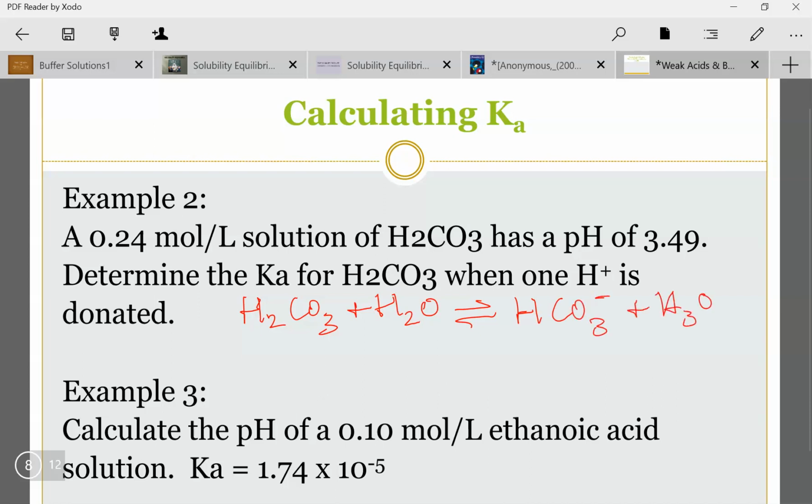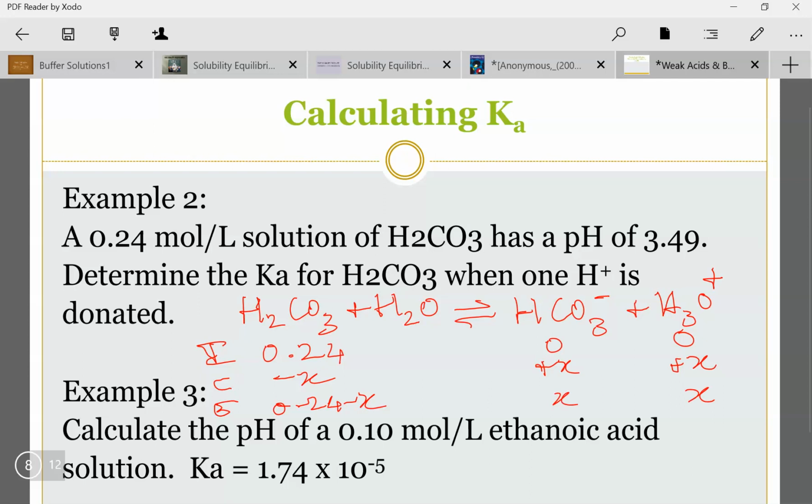They're very easy to improvise for weak acids and weak bases. They always look the same. I start with some initial concentration here. I have 0, 0. My change is going to be minus x, plus x, plus x, giving 0.24 minus x, x, x.